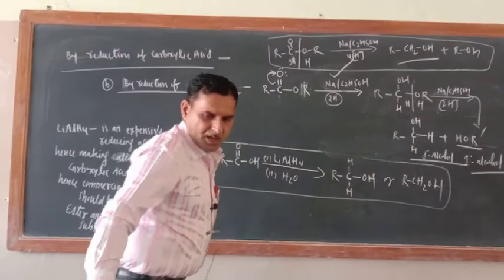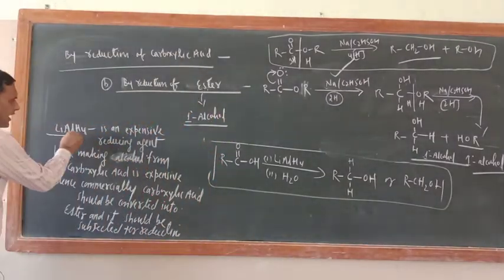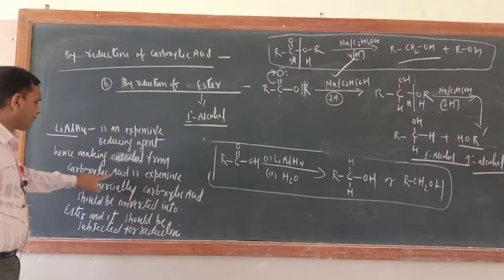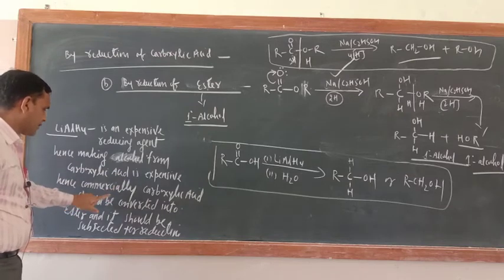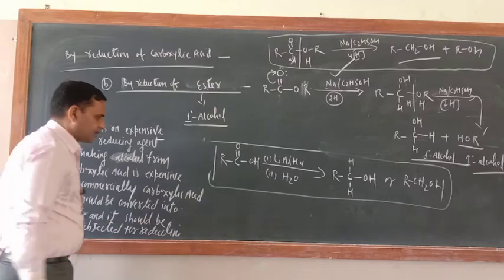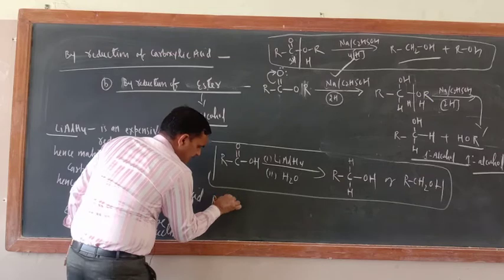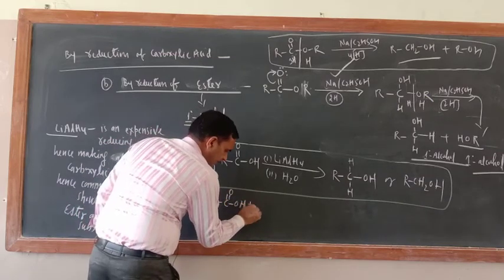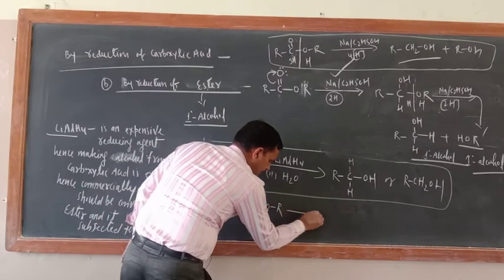Okay, now let us come back here. Lithium aluminium hydride is an expensive reducing agent, hence making alcohol from carboxylic acid is expensive. Hence commercially carboxylic acid should be converted into ester and it should be subjected for reduction. So just see here, this is carboxylic acid, RC double bond OH. Its reaction with alcohol, the esterification reaction you have studied last year.